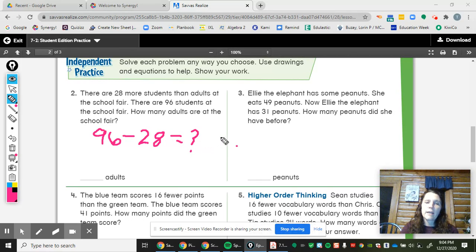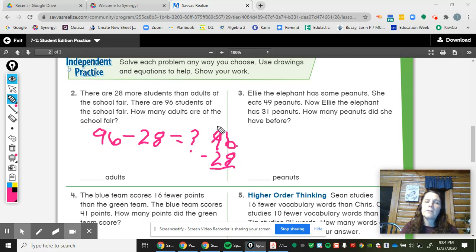So now let's stack it. 96 take away 28. Okay, so we say 6 take away 8. Uh-oh, we can't subtract that because the 6 is smaller than the 8, so we have to regroup.